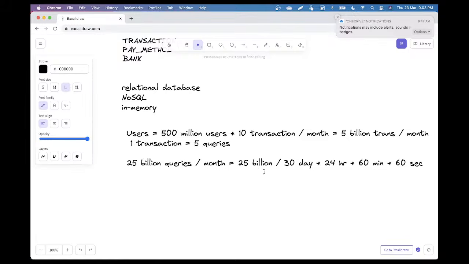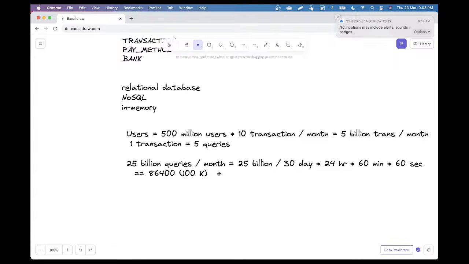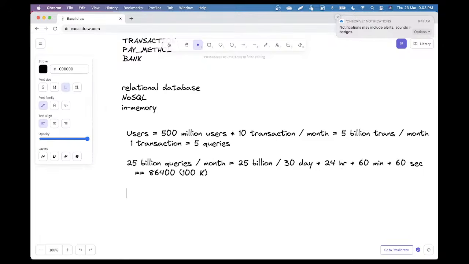right, so this number I know, the number of seconds in a day is 86,400. For simplicity I'll round it off to 100k, right? So basically the total number of queries is 25 billion, right? So I'm just writing this: 25 billion divided by 30 into 100k.